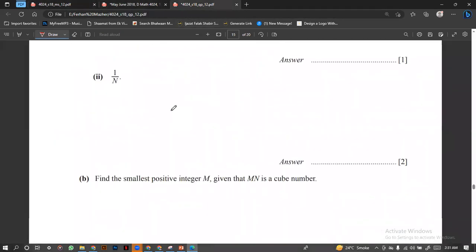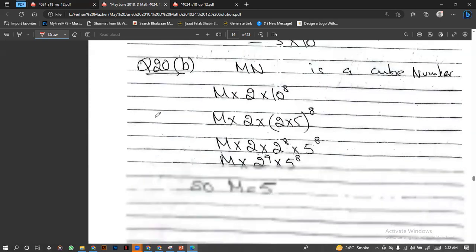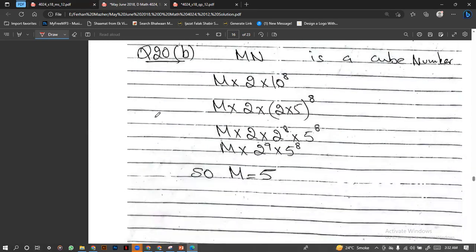Okay, so then we have question number 20, and its B part. It says find the smallest positive integer m, given that mn is a cube number. Whenever it is a cube number, every factor should have a power which is a multiple of 3.